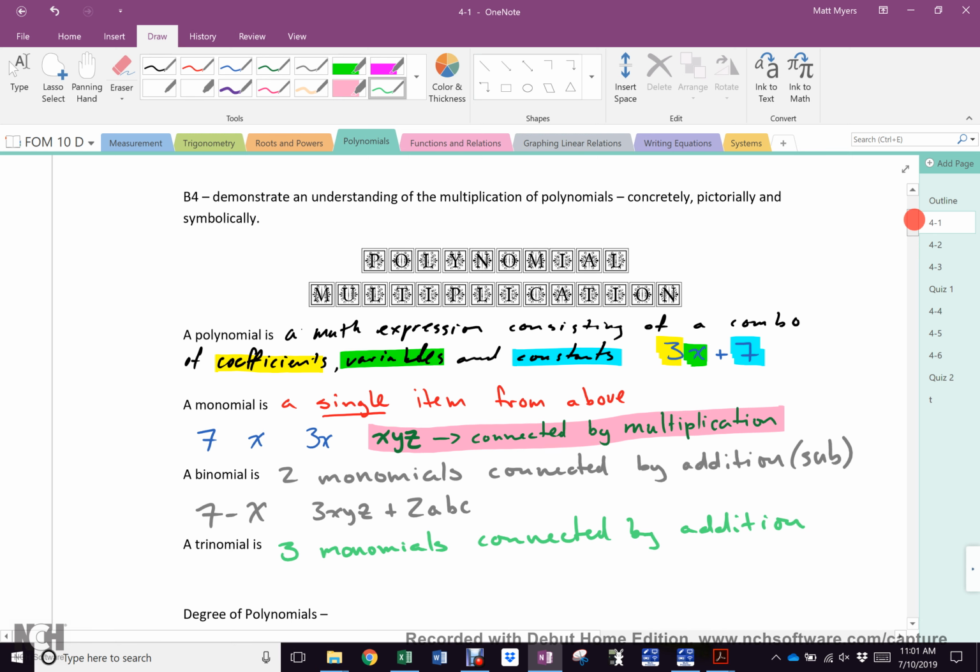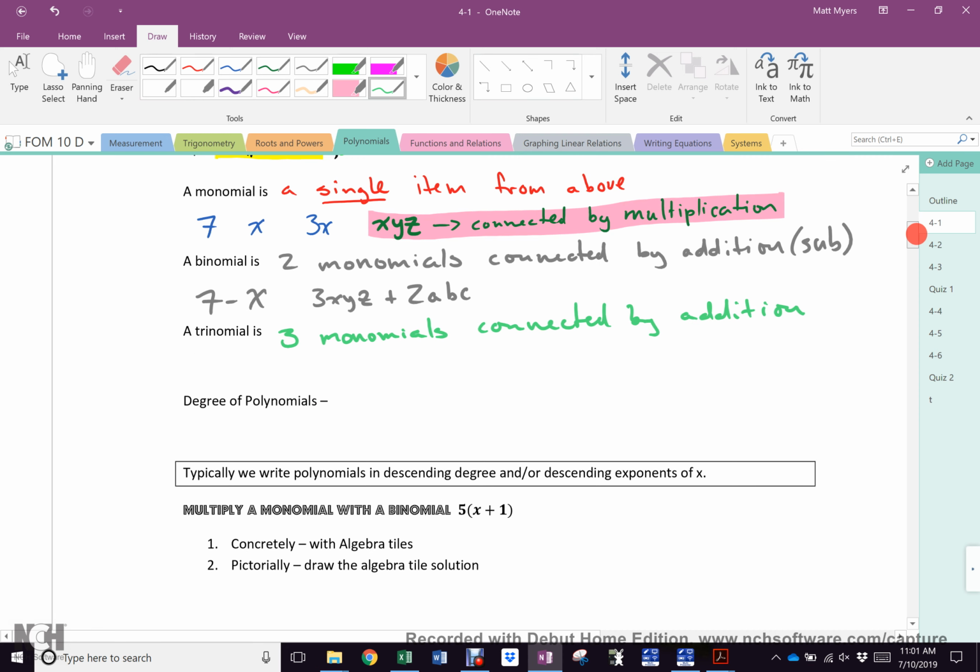Everybody good? All right. Last thing, and this isn't really important, but they like you to know it because it makes your work easier to read. Degree of polynomials is the sum, please underline sum, of the exponents.